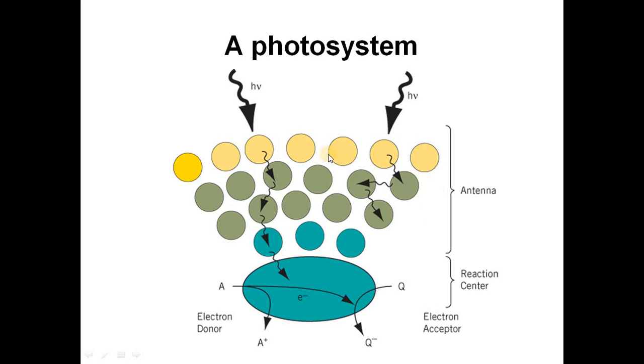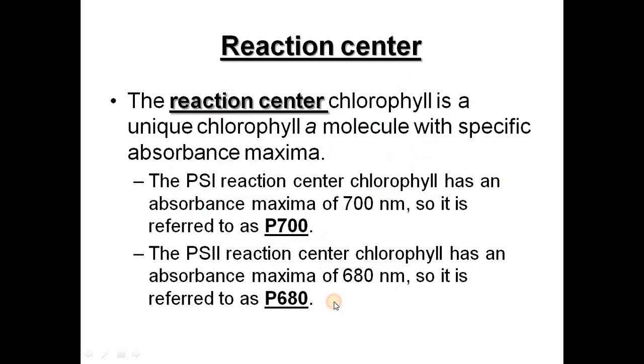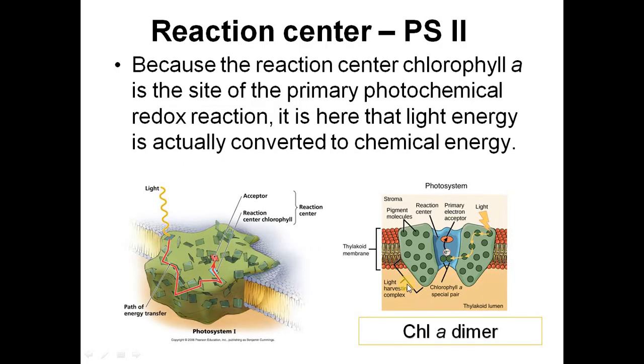So really the antenna chlorophylls are just there to guide the light towards the reaction center. Inside the reaction center, we are seeing 2 chlorophyll molecules, which is called the chlorophyll A dimer.